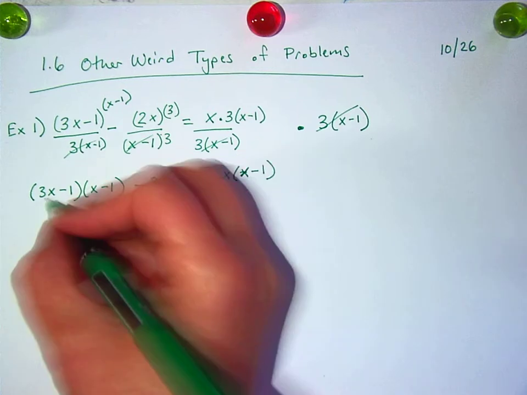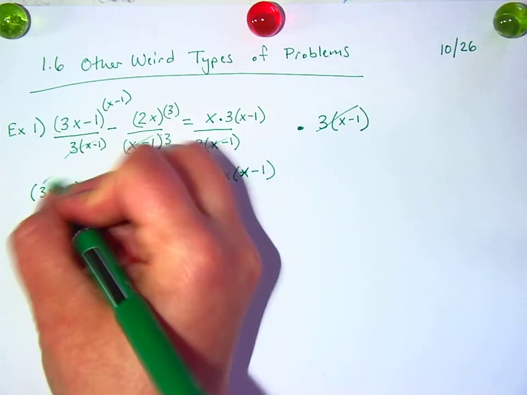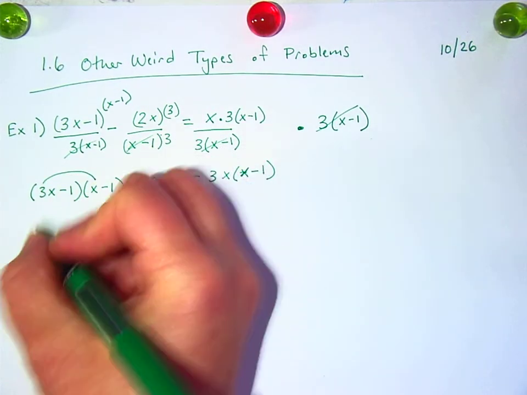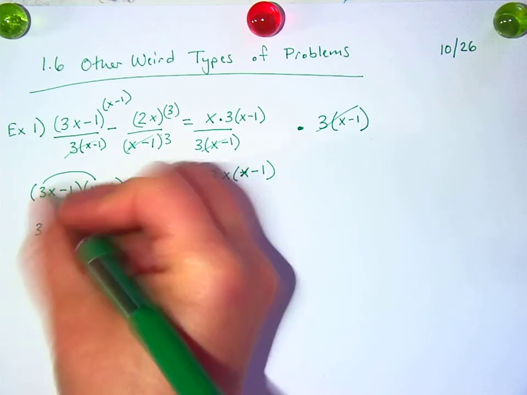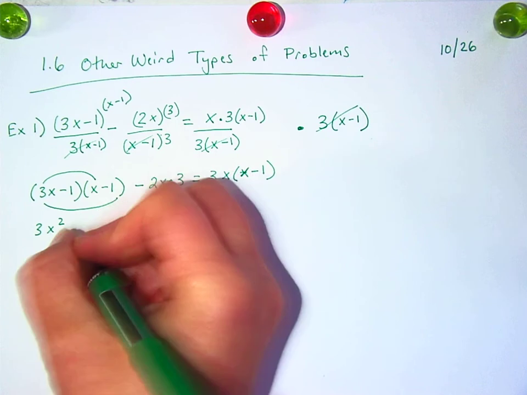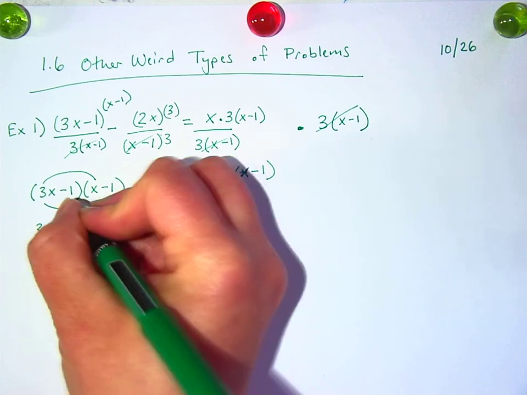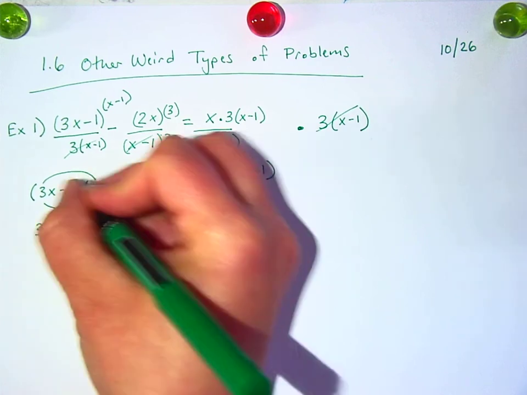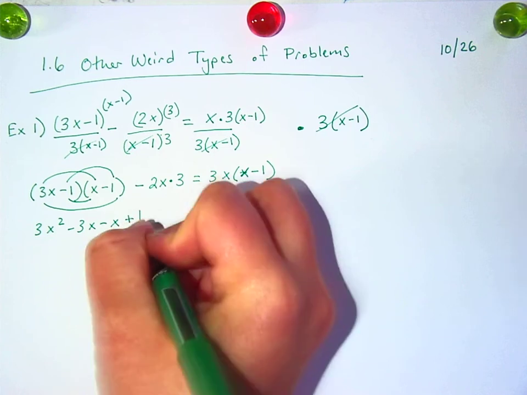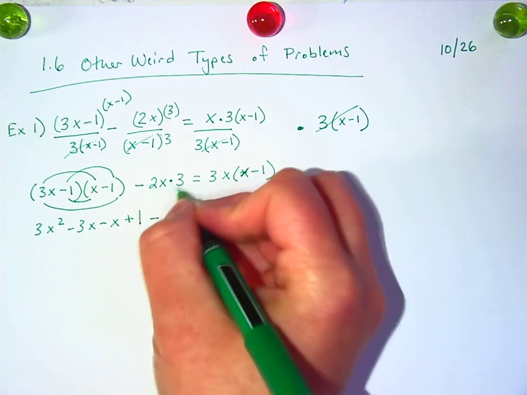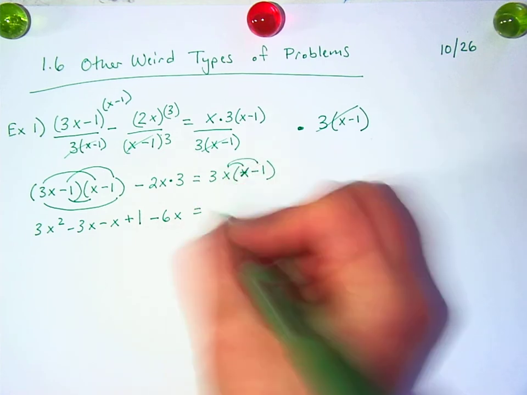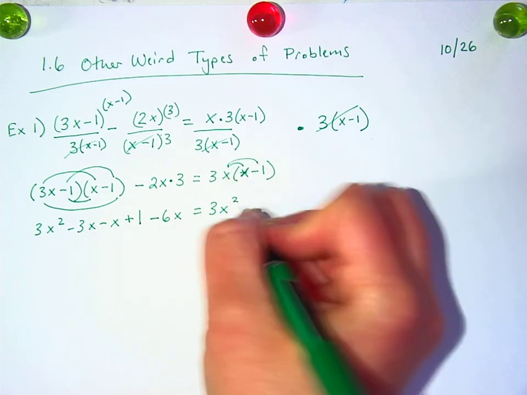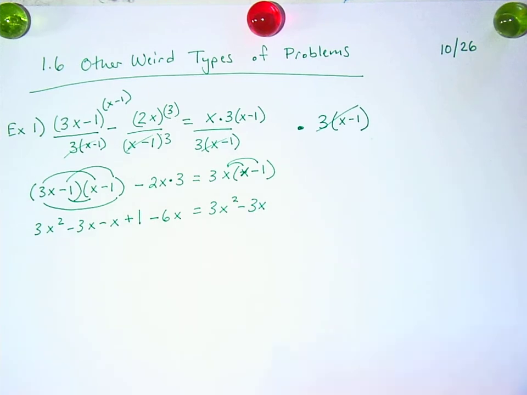Okay, so if I FOIL these together, or I guess do a Punnett square, that would be 3x squared, first, outer, inner, last. 2x times 3 is 6x. And this gets distributed to both of them. 3x squared minus 3x. It's a hard problem.